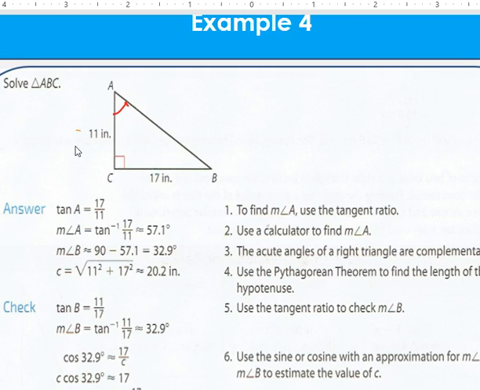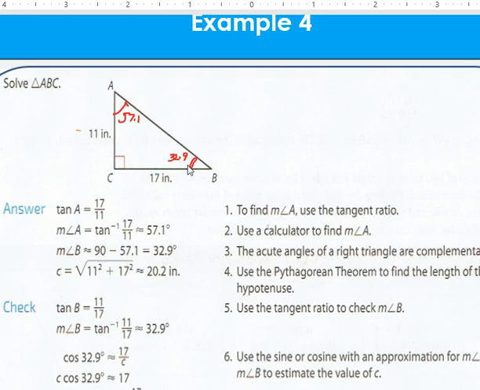Now we can solve for angle B in a couple different ways. Angle B you can solve by using the sum of the angles in a triangle, and with that you could go 90 minus 57.1 equals 32.9, or if you really like your calculator, you could go ahead and solve angle B exactly like you solved angle A. Because with angle B, you can see that you have opposite over adjacent, which is tan, and you could do the same.